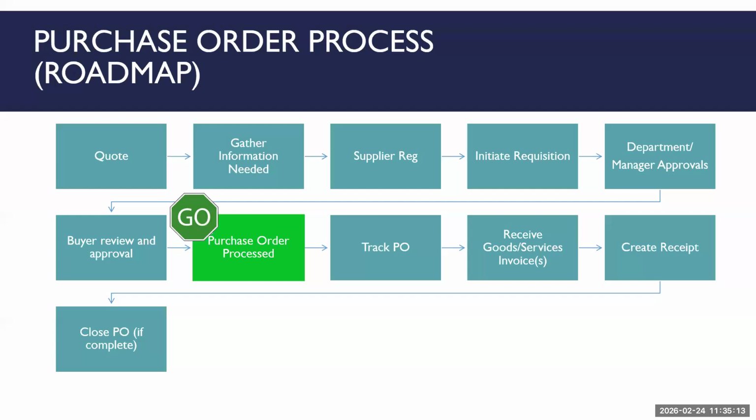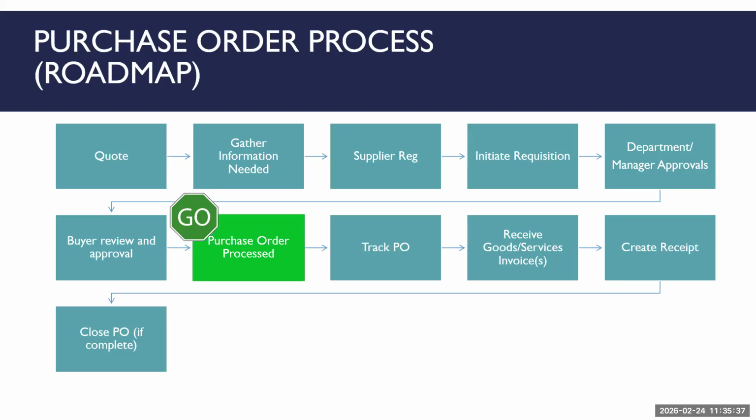The department manager will go through all the approval information, and then it'll arrive at the buyer to review and approve. And again, just because it's with the buyer for review, as Jamie mentioned before, this can take some time to go and find this information. We have to check our MyCOI to make sure that they're approved in SREG. Is everything looking well on our end? Do they need a business license?